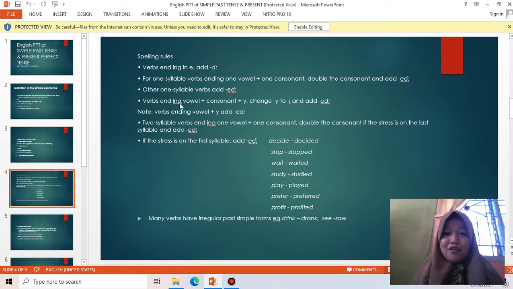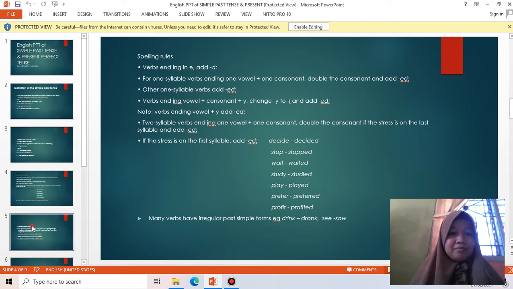Verbs ending in consonant plus y, change y into i and add ed. Here are examples. Decide becomes decided. Stop becomes stopped. Wait becomes waited. Study becomes studied. Play becomes played. Many verbs have irregular past simple forms, like drink becomes drank, see becomes saw.